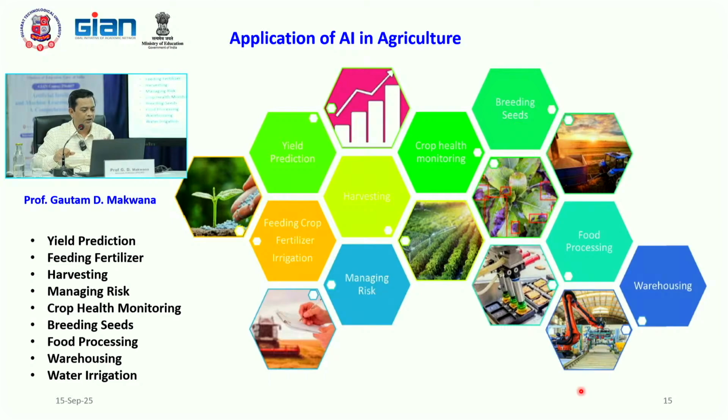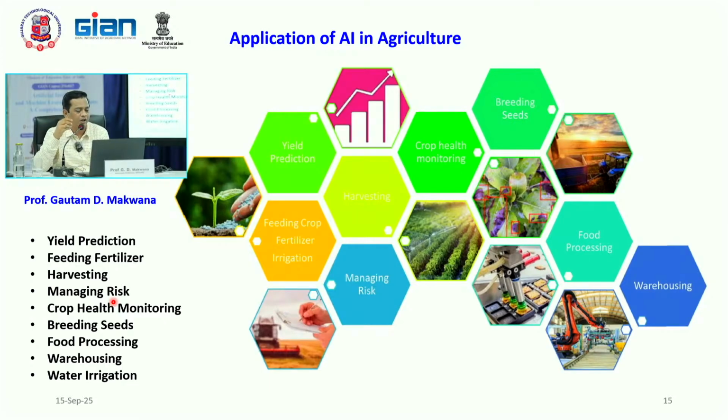Now this is a different application. Most of them I have already discussed: yield predictions, feeding fertilizer, harvesting. Now harvesting is one of the issues: when to harvest my crops. If we have some season fixed, then after this number of days we harvest our crops.